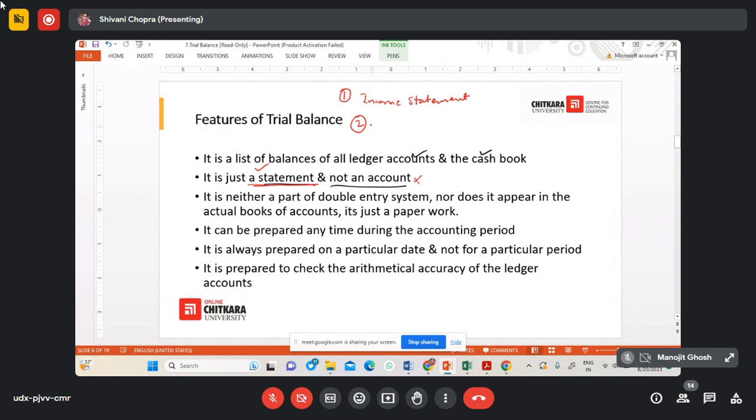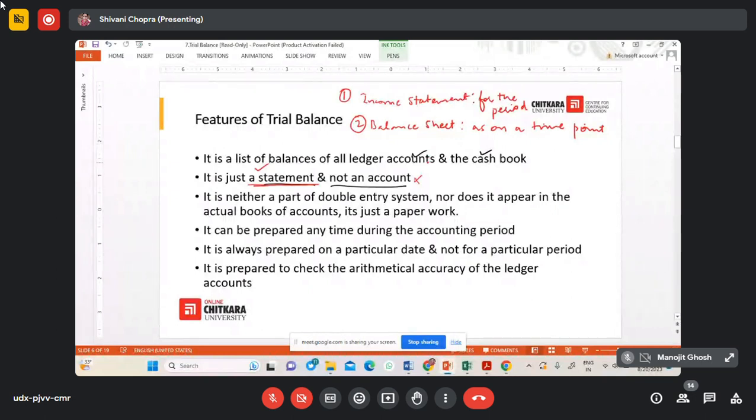The second one is your balance sheet. So we must understand the income statement is prepared for a period, whereas the balance sheet is prepared as on a date, as on a time point. So in a way, the income statement follows the flow concept and the balance sheet follows the stock concept.